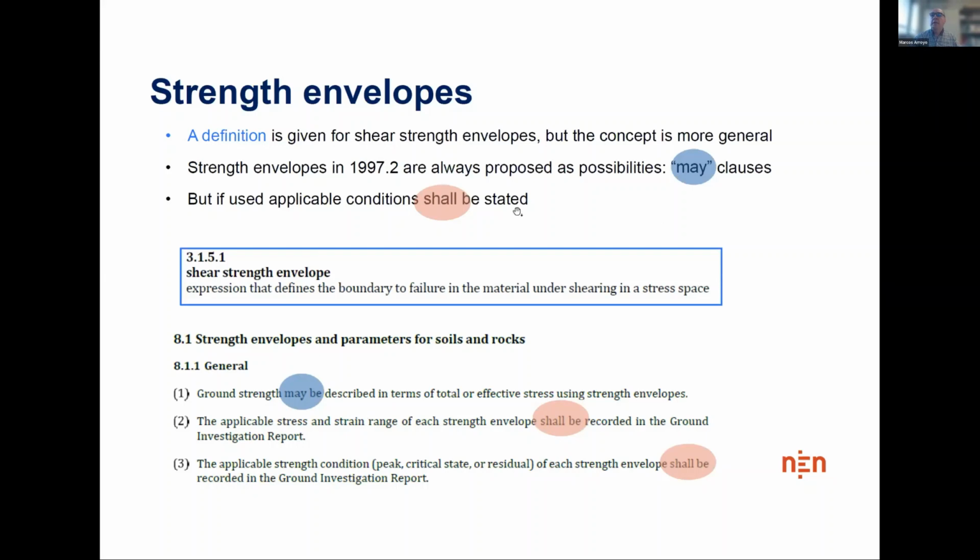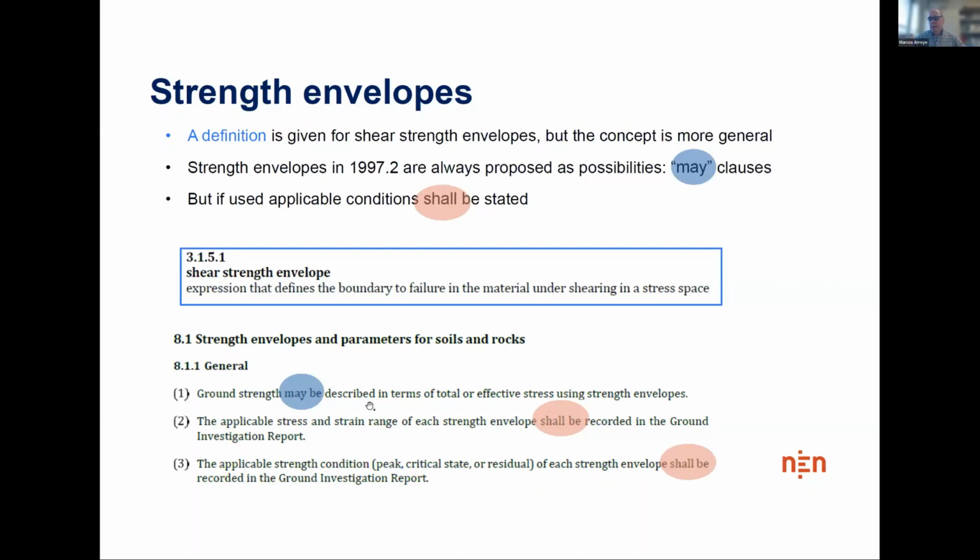Another thing that appears in this slide is that I will use this kind of color code to convey to you where the code is giving permission, that is with this sky blue or pretend sky blue, and when it's being more strict, when it's actually ordering you to do something. Those are the shalls. And then there will be also some occasion for recommendations that will have another color. But you see, that's interesting in the sense that in part 2, in many aspects, there is a lot of leeway in principle.